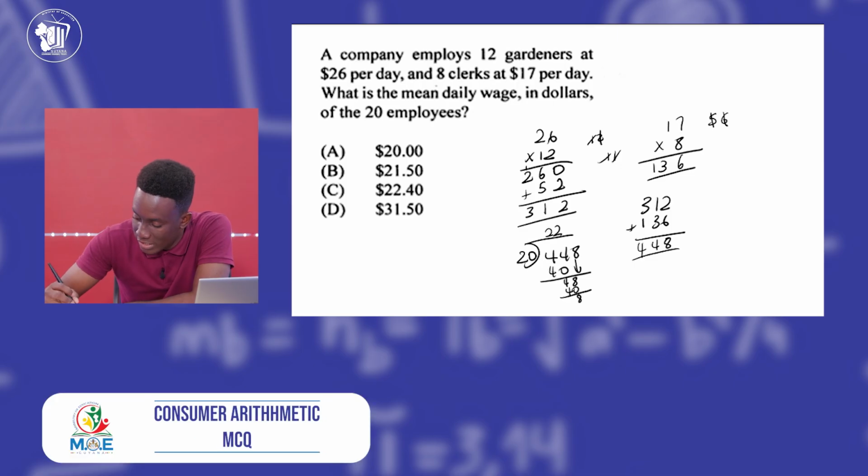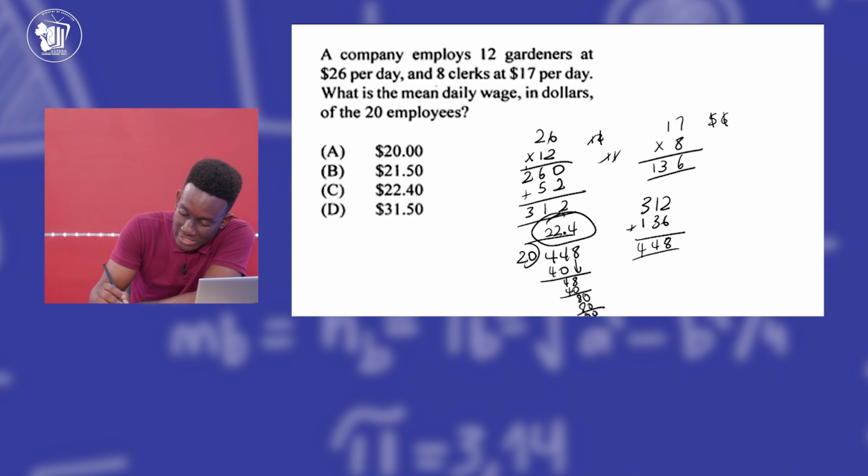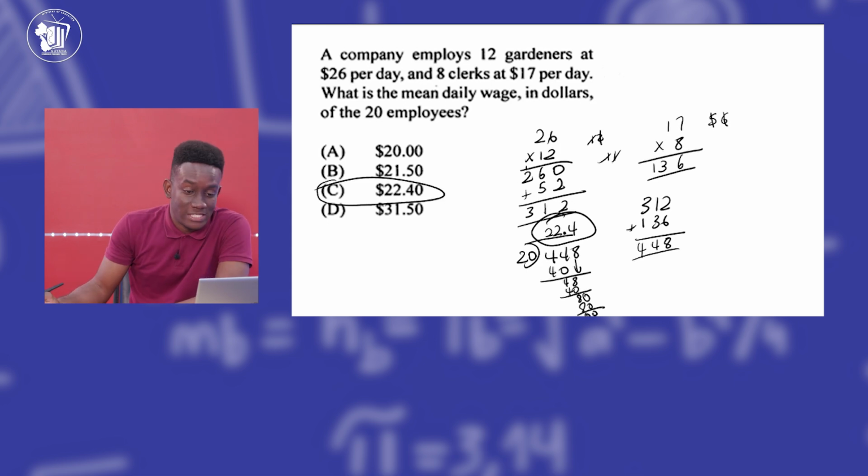So 20 can go into 8, so we add a point here and we add a 0. So 20 can go into 80 4 times. 20 times 4 is 80. So this would be 0. So the mean wage would be $22.40, or $22.4, which is the same as $22.40, which is C. And so that is the answer for that question.